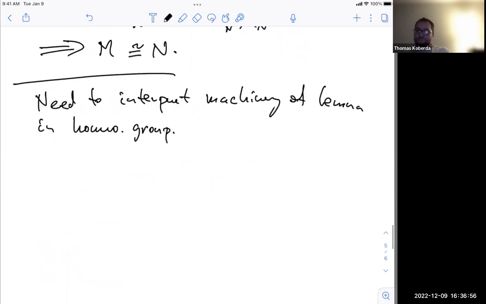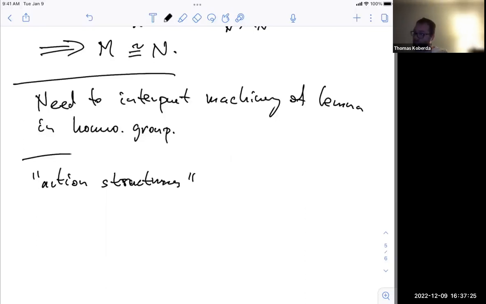So the first step that one does is one needs to interpret things that are called action structures. So this is stuff that was known already to Rubin, and he works with this in a lot of his papers that look especially at actions of homeomorphism groups on manifolds.